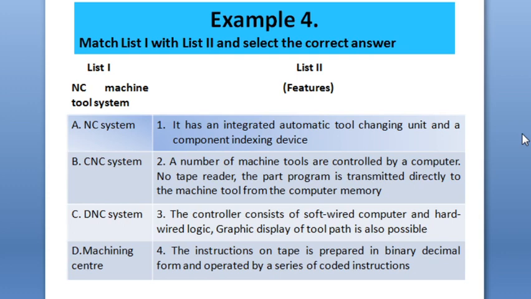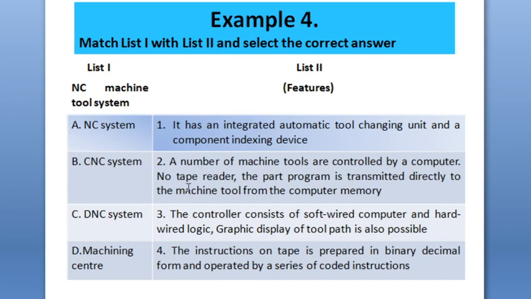Second statement: a number of machine tools are controlled by a computer. No tape reader; the program is transmitted directly to the machine tool from the computer memory. Here we can easily identify that machine tools are controlled by a computer. Therefore, it represents the DNC system.